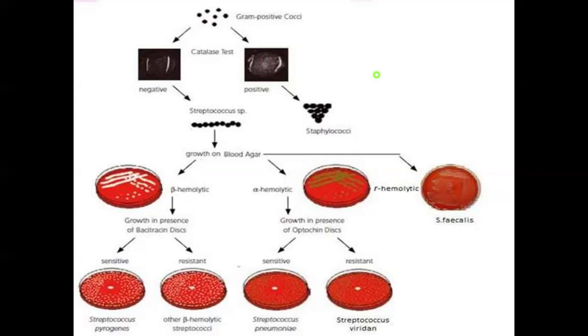Overpass: that is the optochin test, viridans resistant, and then pneumoniae sensitive. Like that. BB-RAS and overpass. That's how I usually remember, because these two can be really, really confusing.